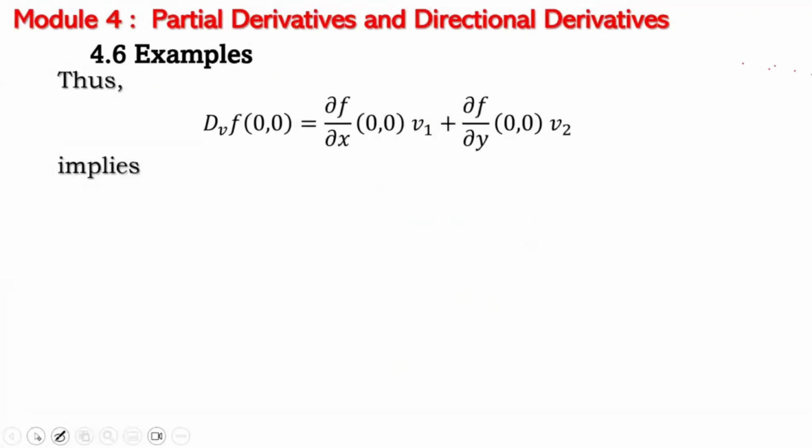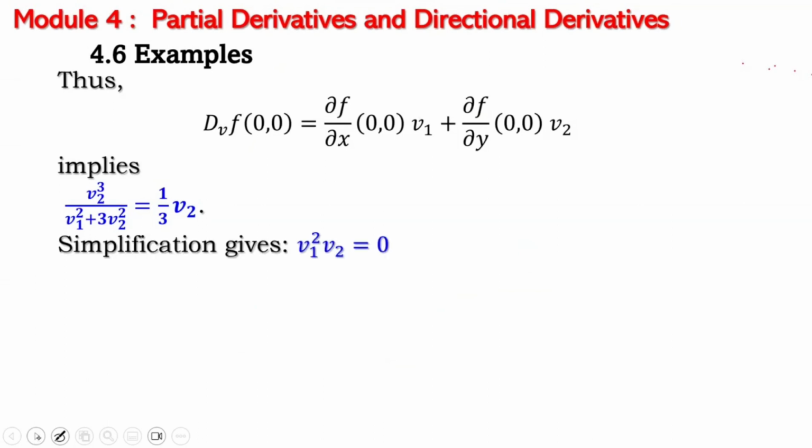Then from the previous part, we have v2^3 v1^2 over (v1^2 + 3 v2^2) is equal to (1/3) v2. So now if you simplify it, you will get v1^2 v2 equal to 0. How is it?